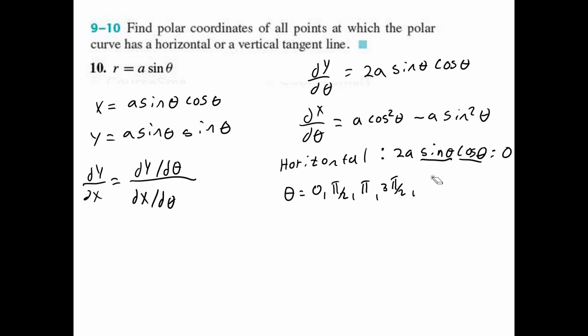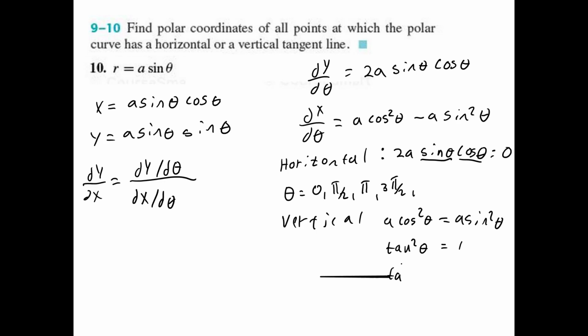And then vertical, you're going to want a cosine squared of theta to equal a sine squared of theta, which means that the tangent squared of theta is equal to 1, which means that the tangent of theta is equal to plus or minus 1.